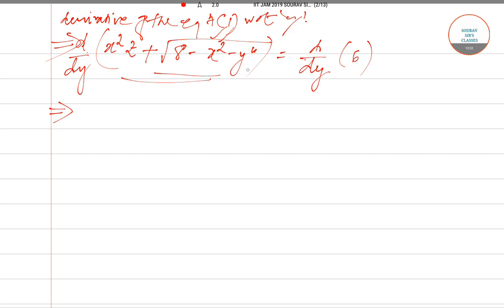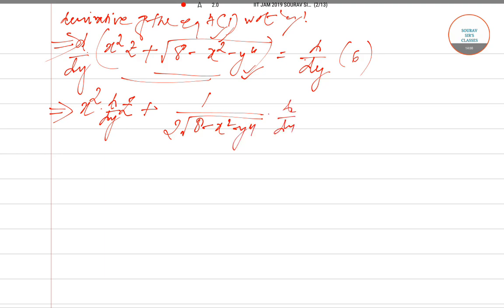So now we are going to differentiate this equation with respect to y, and it will be very simple because you can see that we have y only in this part of the equation, and this part is completely rid of y. On differentiating with respect to y, we will get x square into dz by dy, plus 1 by 2 into root 8 minus x square minus y to the power 4 into the derivative of the interior part of the root value.